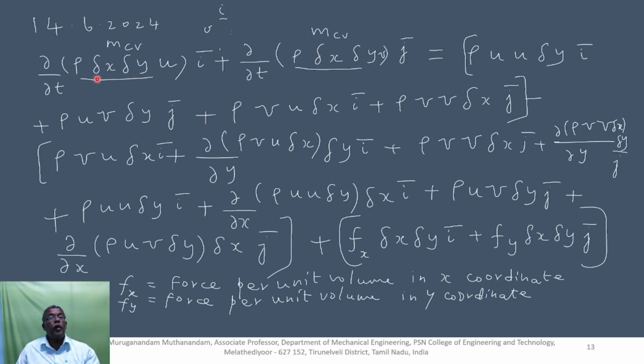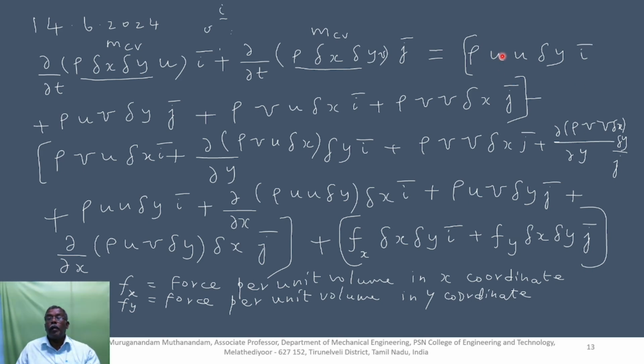Hence rho multiplied by delta x delta y is the mass of the control volume, multiplied by u, which gives the momentum along the x direction. The partial of these quantities gives the rate of change of momentum with respect to time along the x direction, hence it has the unit vector i. Similarly, for the y direction it has unit vector j.